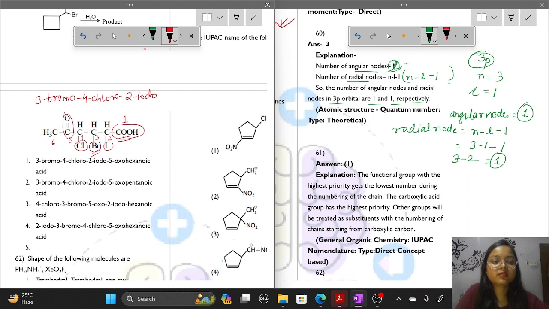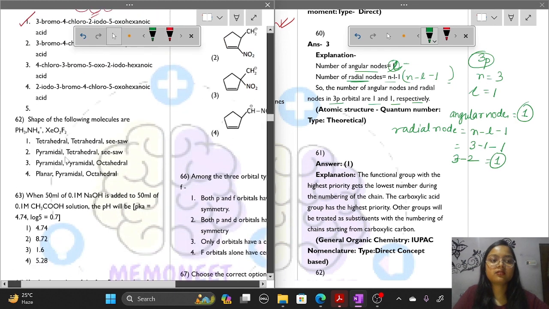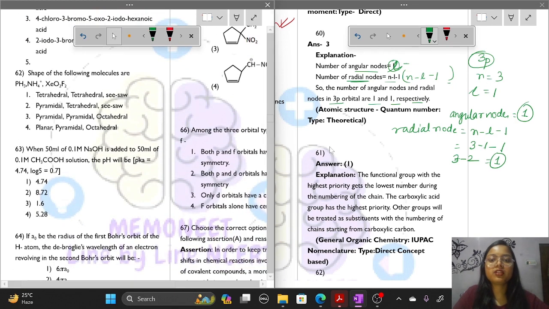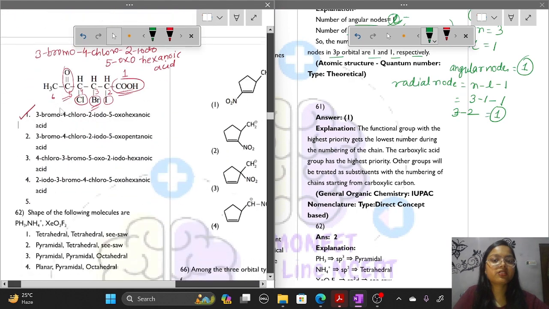Then for ketone we will use 5-oxo, and for 6 carbons it is hexanoic acid. So which answer is true? The first option is correct. So yeah, that was question number 61.